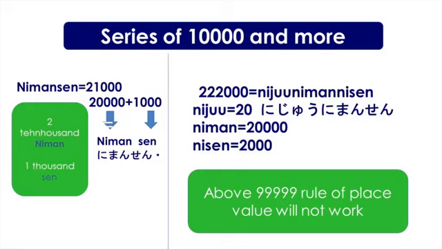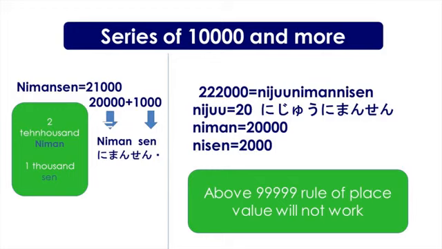So this number will be Ni Ju, Ni Man, Ni Sen. Ni Ju for 20, then after that 20,000, after that 2,000. So split these numbers accordingly for every large number as written below. We will follow the above pattern.